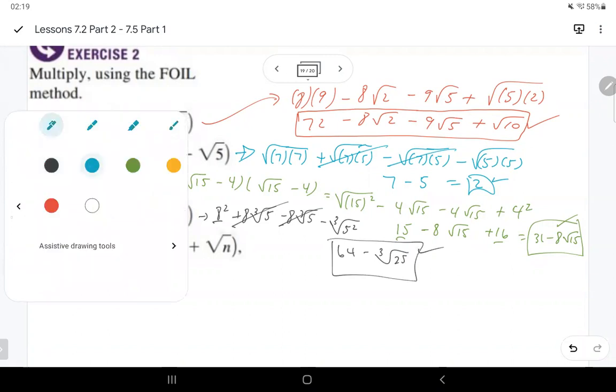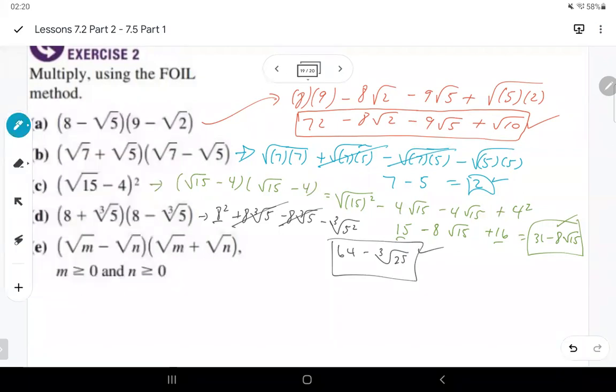Right, and then E. Notice here that they give us this condition. We need to keep that in mind, and we should really rewrite it in our answer. But we will have the square root of m squared, which is going to be m. I'm going to try and reduce it as I go. Minus the square root of mn plus the square root of mn.